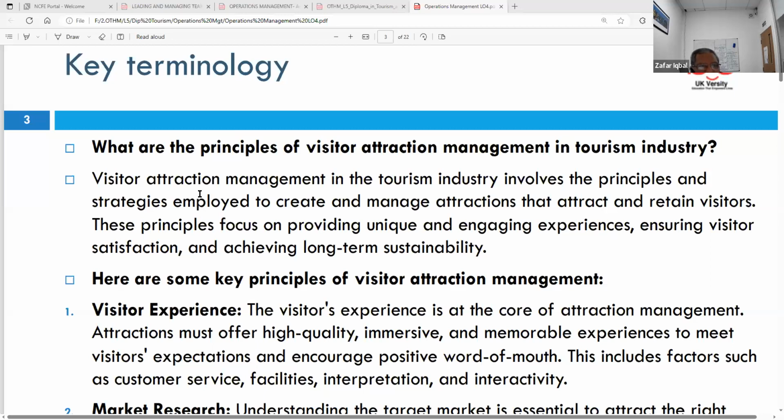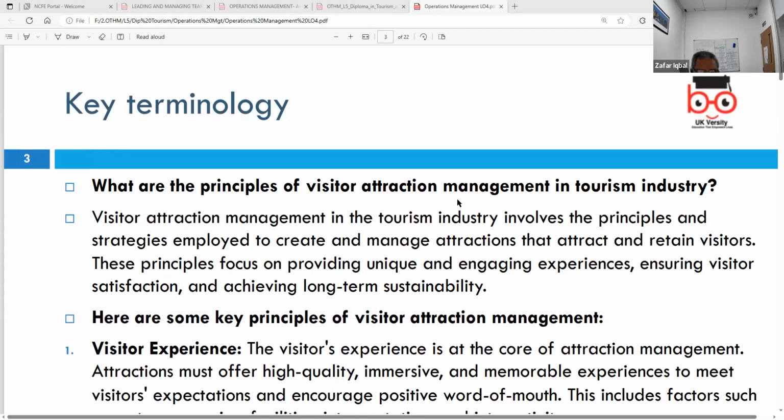The key terminology we'll be using is visitor attraction management. What are the principles of visitor attraction management? Attraction means where people are attracted to, aren't they? They go and visit the place.